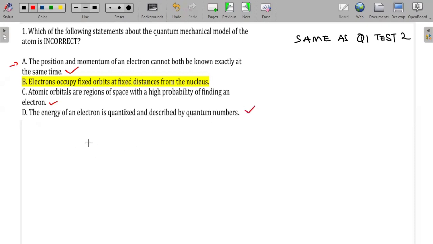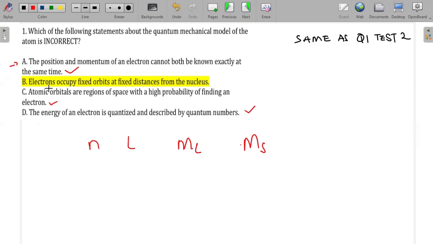We find the principal quantum number, the angular momentum quantum number, the magnetic quantum number ML, and the spin quantum number MS. So the energy of an electron is quantized, meaning it is described by the four quantum numbers that we have.